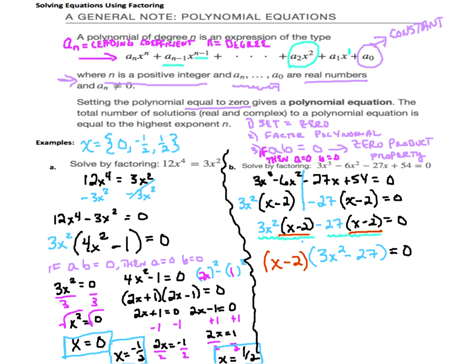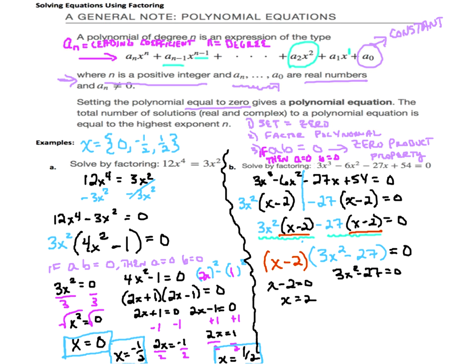So now I'm back to the point where I can use my zero product property. The zero product property says, well, if you are multiplying things together that make 0, then something had to be 0. The only way.